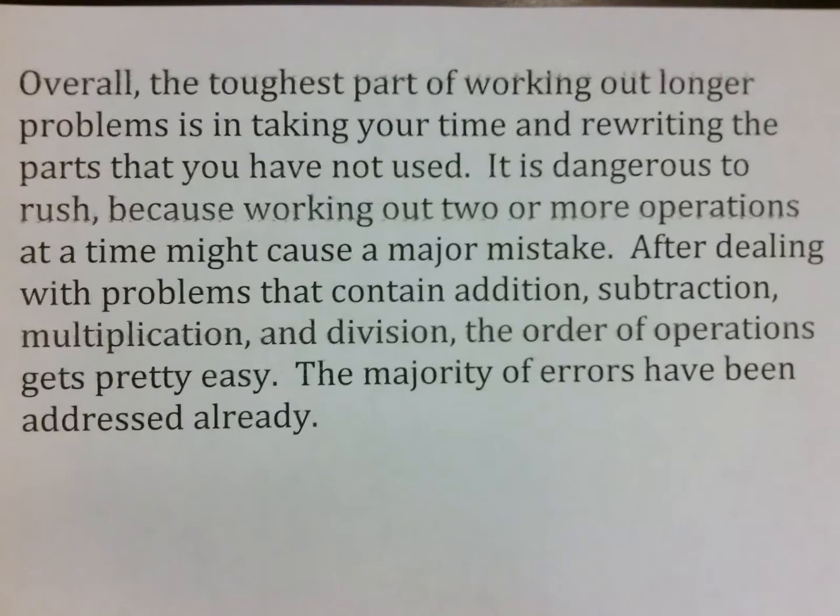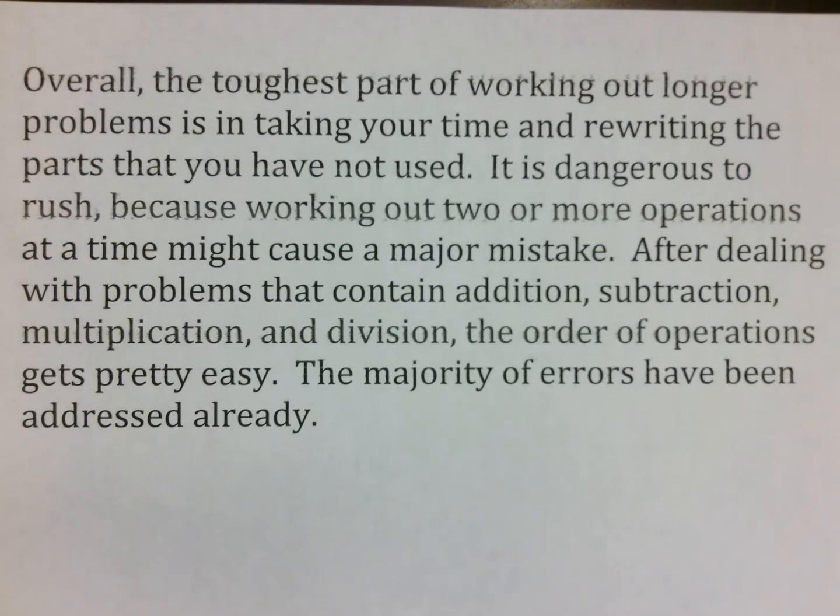Overall, the toughest part of working out longer problems is, and I'm sure you're thinking the same thing as you're watching me do this, taking your time and rewriting the parts that you have not used. I know a lot of you don't like math in the first place, so you're going to want to rush, or you just don't want to be here, so you don't feel like doing any work. But if you rush and you try to work out 2 or more operations at a time, it's going to cause a major mistake.